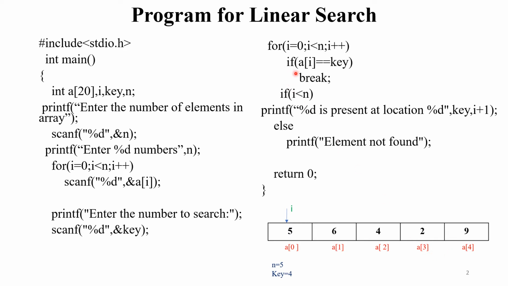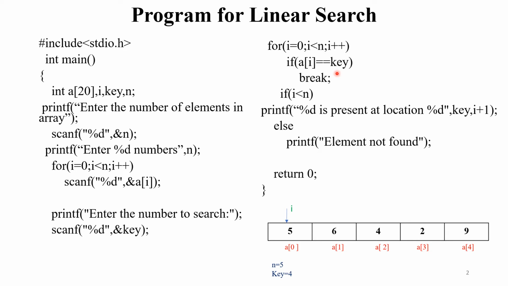So the next condition is if a of i is equal to key. So here a of i, first i is 0. So a of 0 means 5. So is 5 equal to key, which is 4?